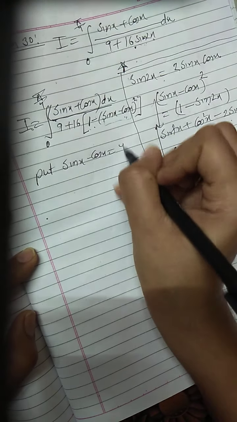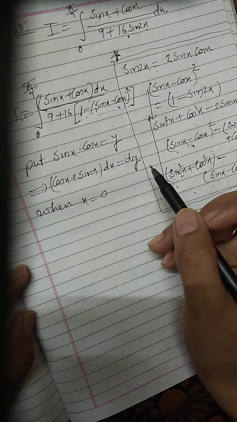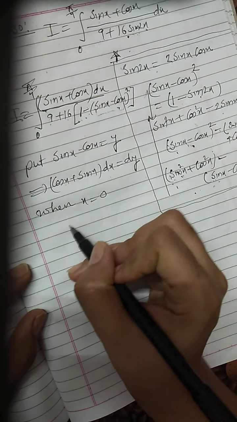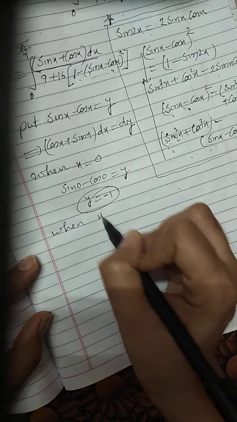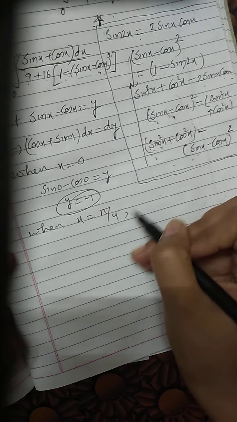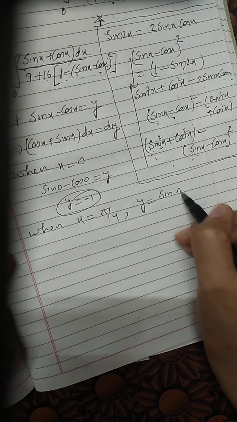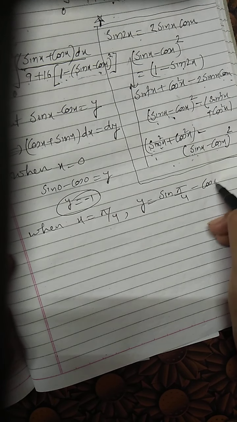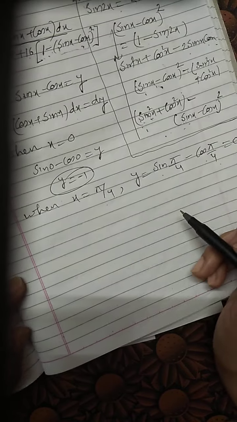First, when x is 0, let us substitute. When x is 0, sin 0 minus cos 0 will be y, so the value of y is coming to be -1. Second, when x is pi by 4, y will be sin pi by 4 minus cos pi by 4, 1 by root 2 minus 1 by root 2, which is 0.